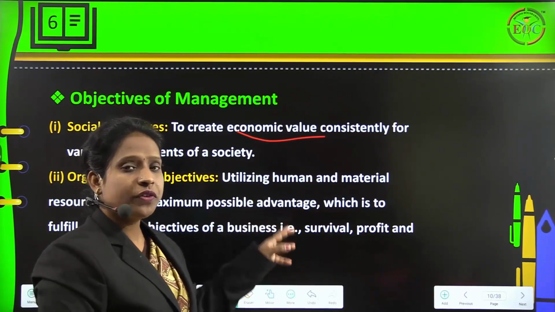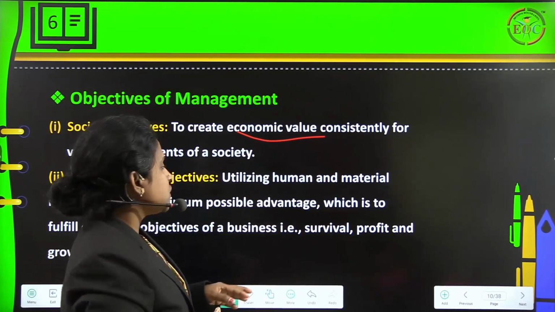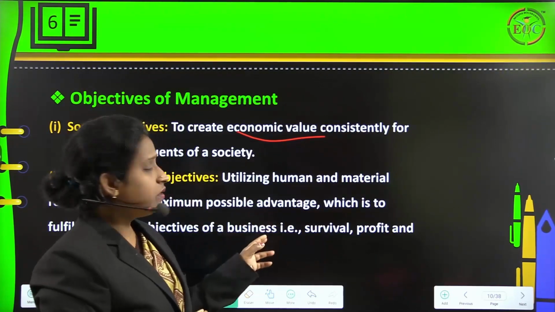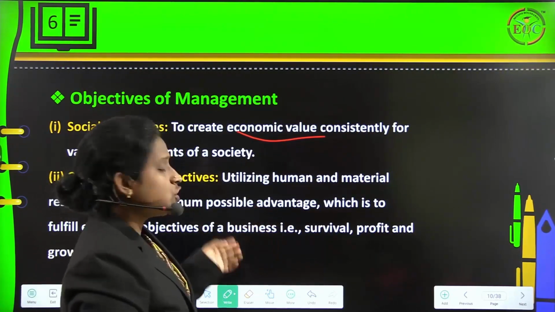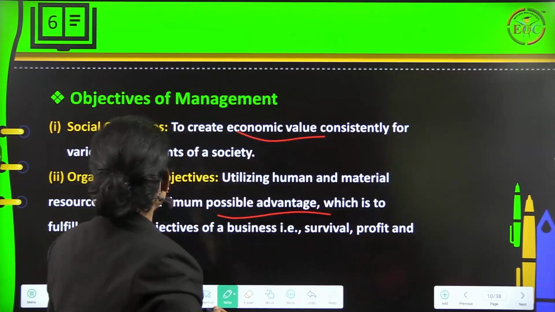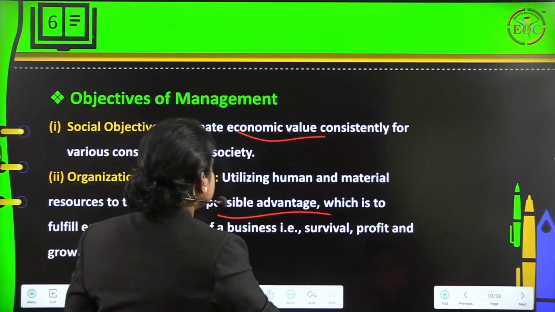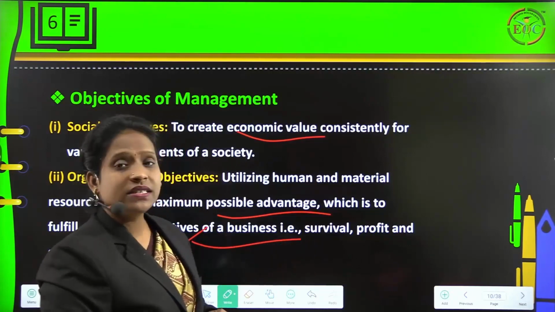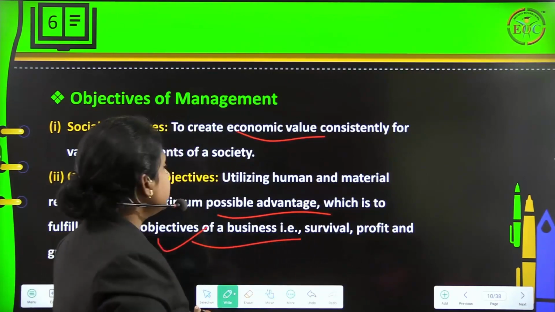And we also have an organizational objective. We also try to fulfill the organizational objective. So utilizing human and material resources to maximum possible advantage, which is to fulfill the economic objectives of a business, that is survival, profit and growth.